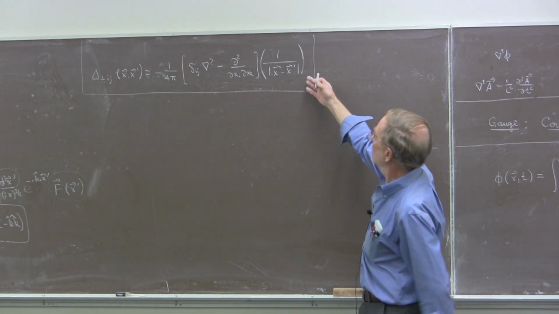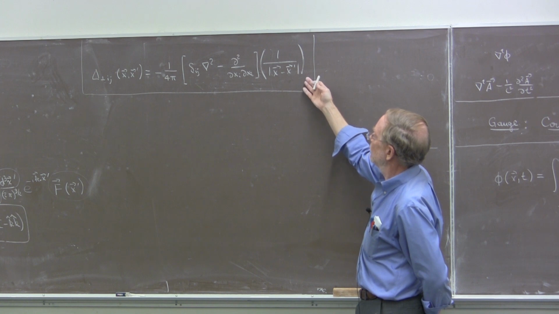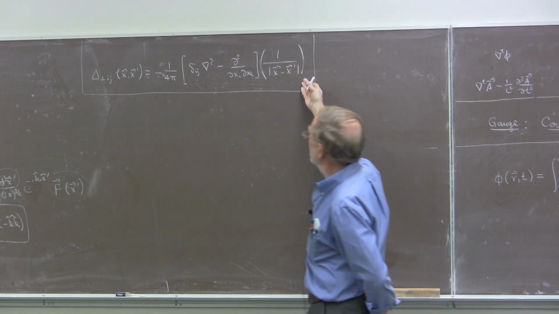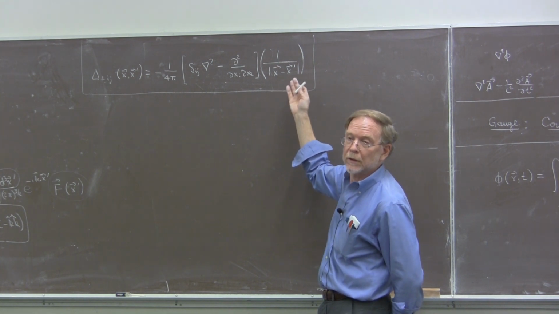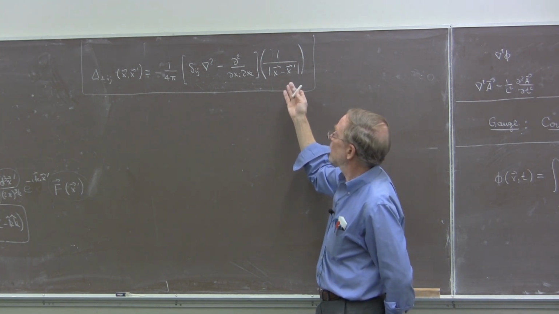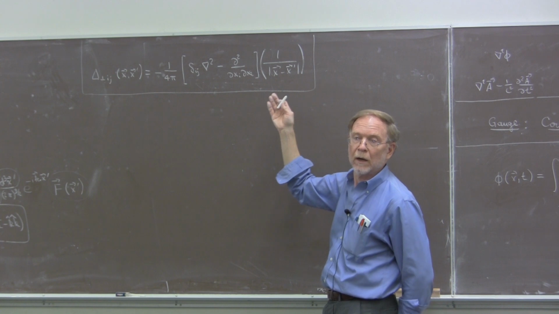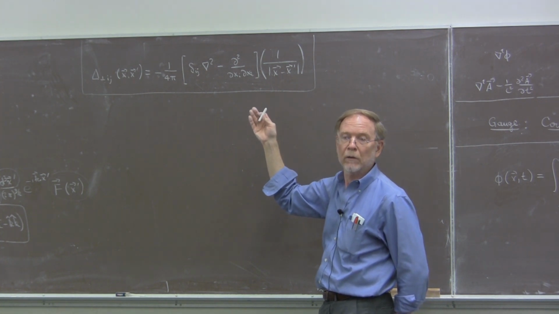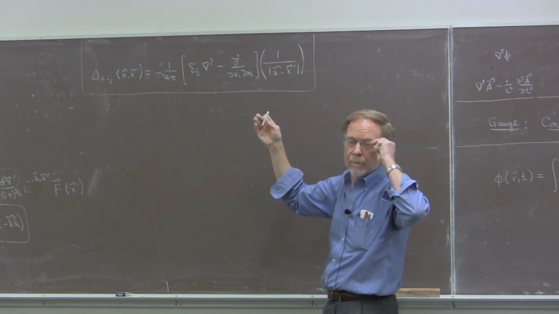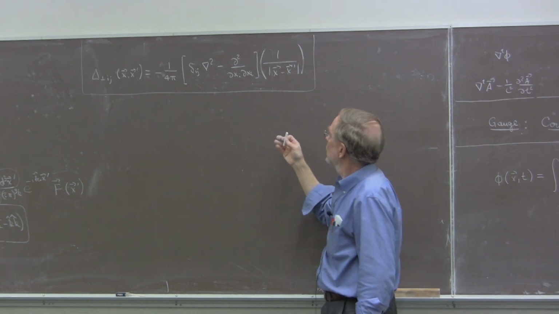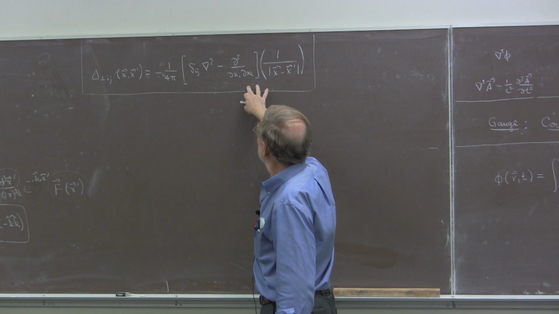By the way, the transverse delta function written in this form is something we've seen before in the course. In fact, the magnetic field for a magnetic point dipole, which we looked at when we were doing the hyperfine effects, has exactly this form.